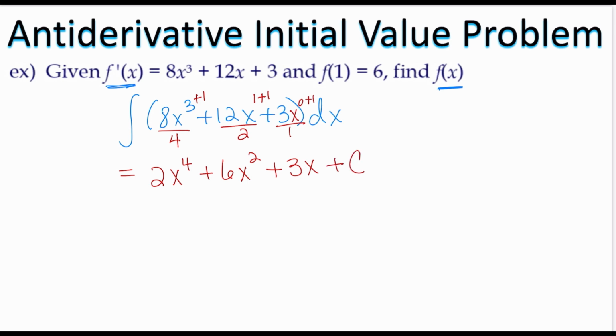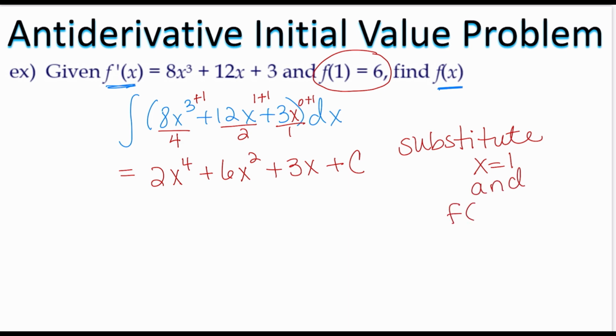Now, one of the things that is different in this problem is that they've told me that f of 1 is equal to 6. So I'm going to use that information to substitute x equals 1 and f of 1, which is the answer, equals 6, so that I can solve for c.